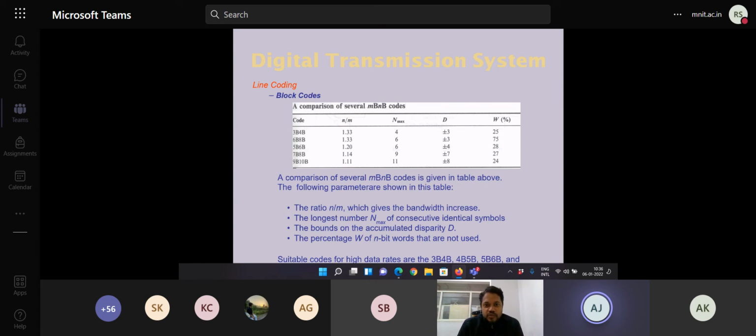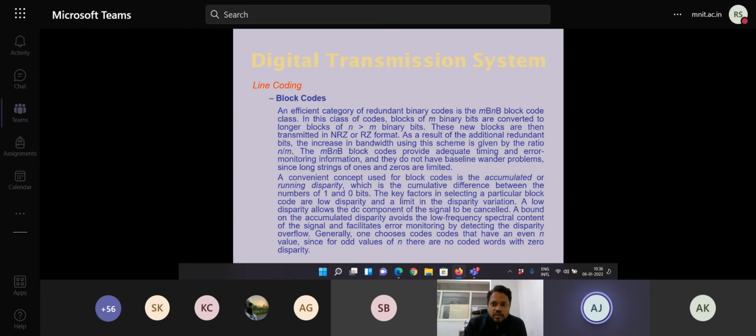So this is a comparison of different codes. What is represented here as m, n means there are m bits at the input of the coding system, and at the output of the coding system the number of bits increases, just as you do for parity checking.